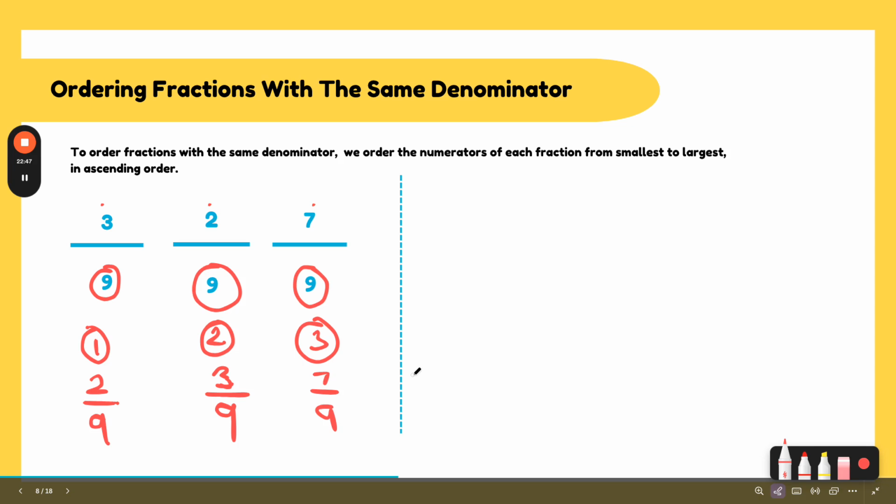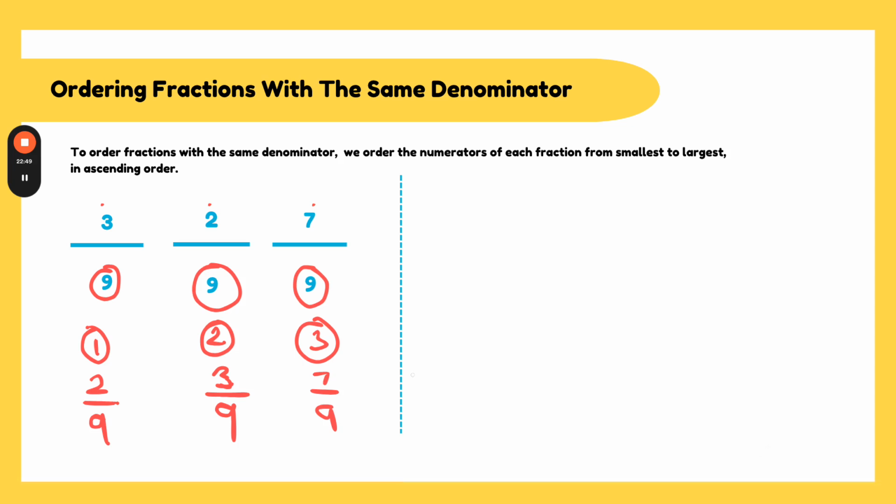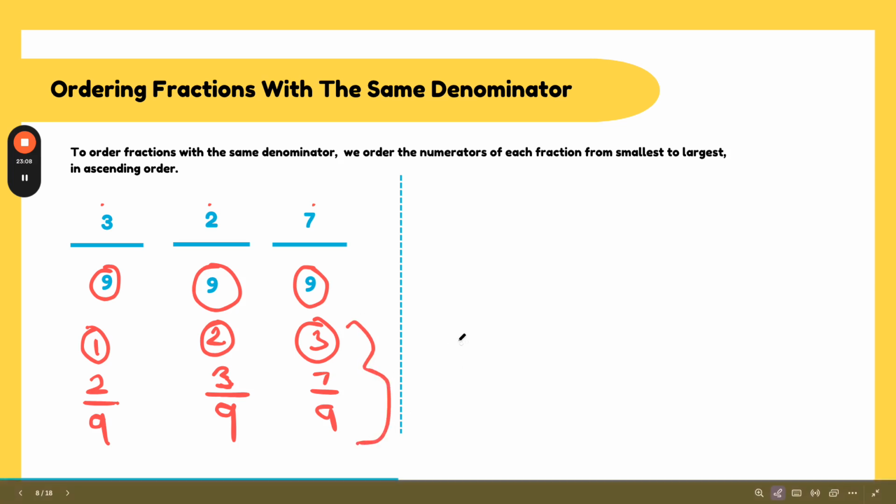So all we do, if we have fractions with the same denominator and we were asked to order them, is look at the numerators and order those from smallest to largest, and then use that to order the fractions from smallest to largest, which is what we've done over here.